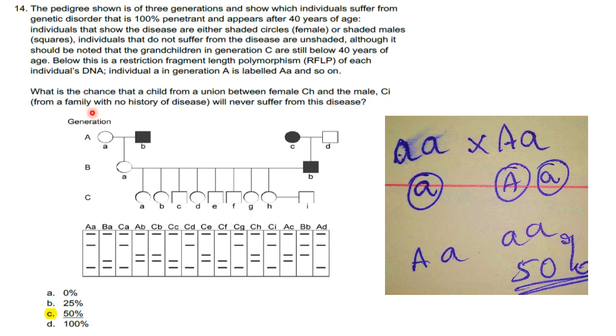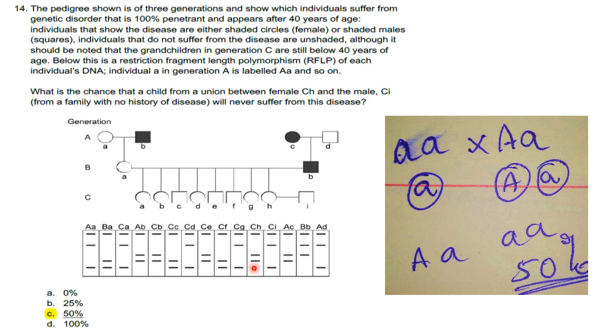Now they have asked what is the chance that a child from a union between female CH. Now CH, if you see, it is affected. You can see three lines in the RFLP graph. And if you see CI is this. It is not affected by the disease.